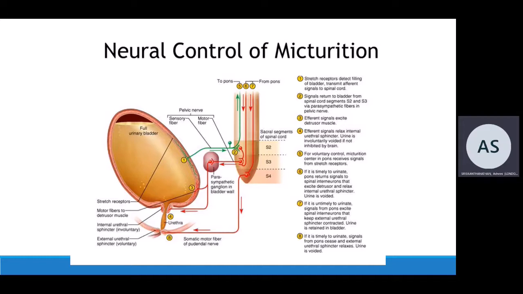However, we also need to make sure we're in a suitable place to do this, which is why you've got signals going up to the brain, to the pons specifically, and then signals coming back down from the pons to counter this.